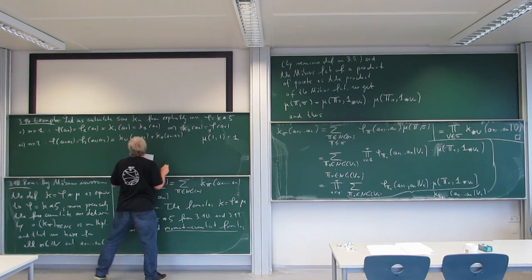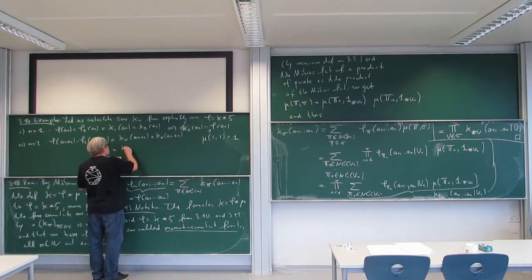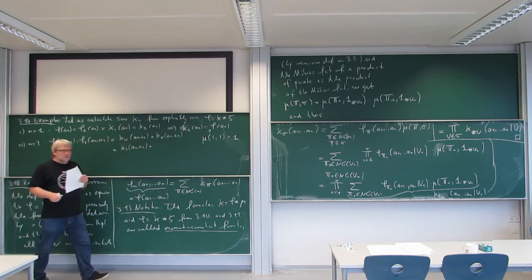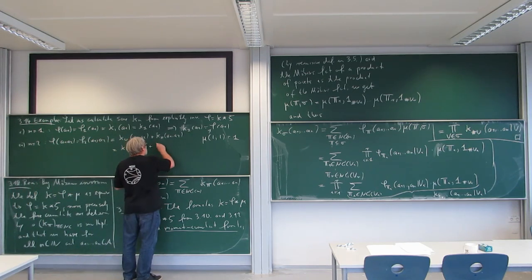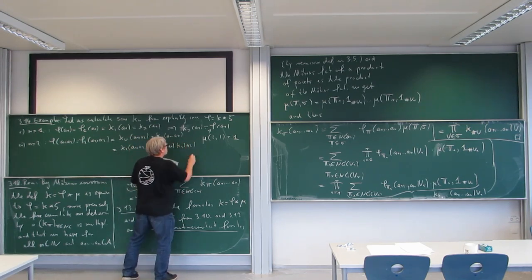The first has one block, so I get a kappa 2 of a1, a2. Here I have two blocks, so I get a product of the contributions for each block: a block of size 1, which contains the element a1, and another block of size 1 corresponding to a2.